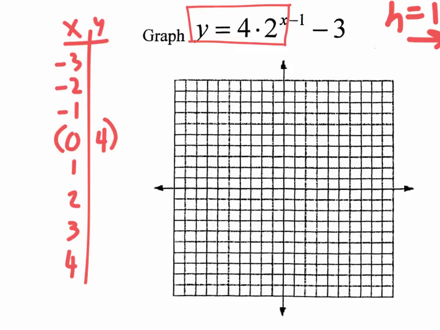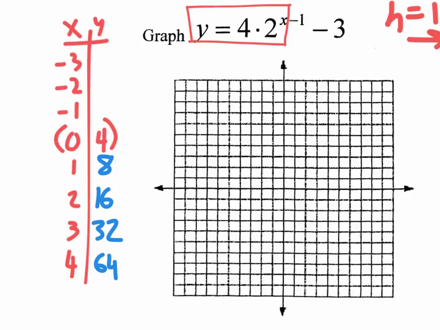We're only going to be able to do this because I put these inputs in order. If the inputs were not in order, we would not be able to do this. So the output 4, if I were to multiply it by the base 2, what do I get for the next output? 4 times 2 is 8, and then times 2, 16, and then 32, and then 64.